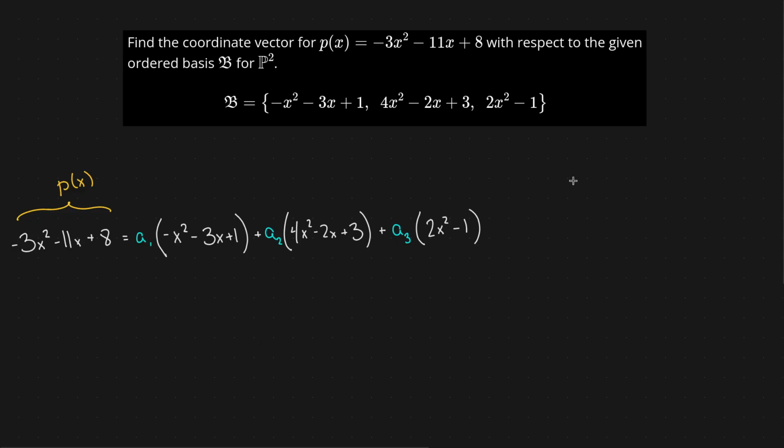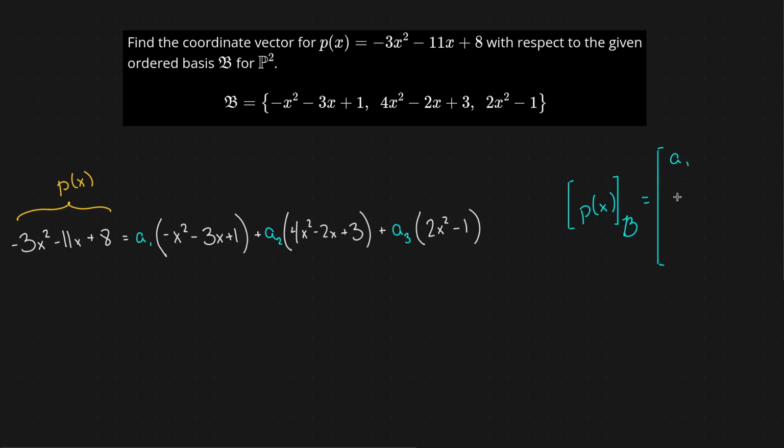So the coordinate vector for p of x with respect to basis B is going to be the coefficients that solve this linear combination equation.